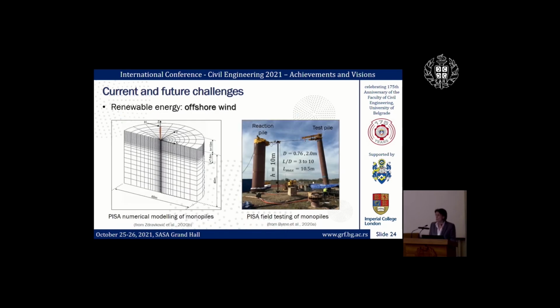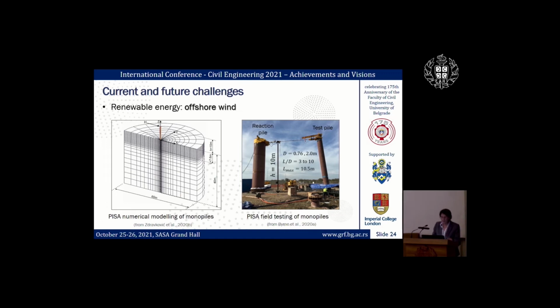essentially asking for assistance to give some rigor, scientific rigor, into the development of new design methods. And what the academic working group essentially put together was the numerical modeling, the field testing of scaled monopiles that industry fully funded, as well as detailed characterization of the sites where the field testing was performed.